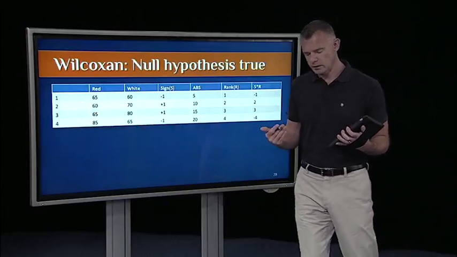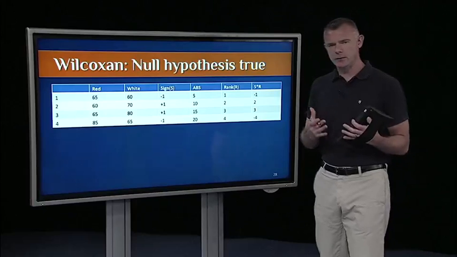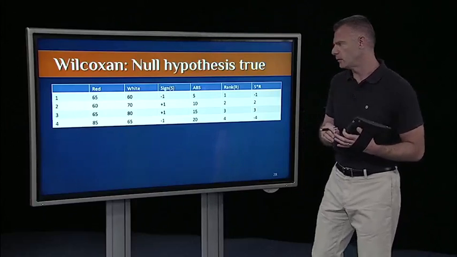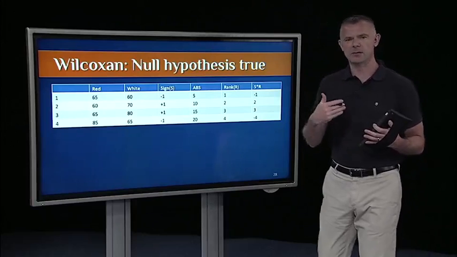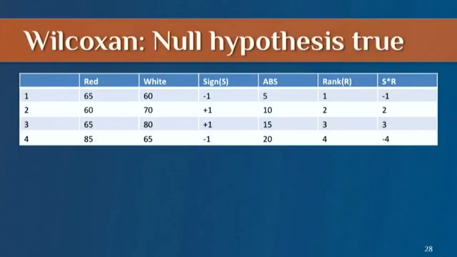So the way this works sounds a little convoluted at first, but let me just walk you through 2 quick examples by hand, and I think it becomes rather intuitive. Remember, it's sometimes known as the signed rank test. So what that means is, I just listed out a few rankings here, and this is an example where the null hypothesis would be true.